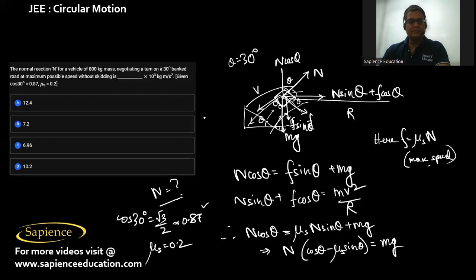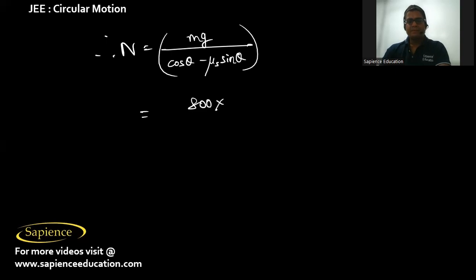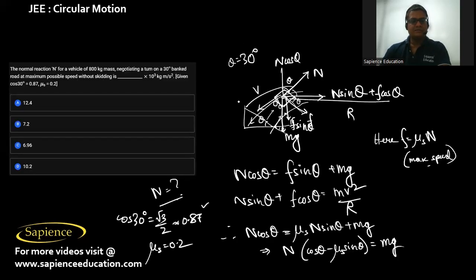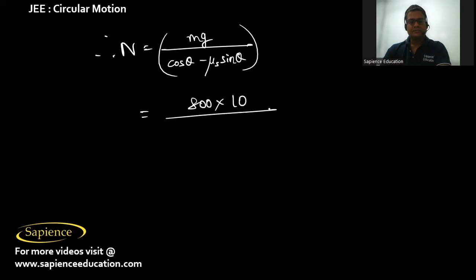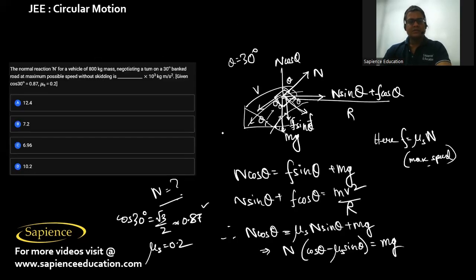So this will be equal to m is 800 kg, g is 10, divided by cos theta, that is 0.87, minus mu s, that is 0.2, times sin theta.